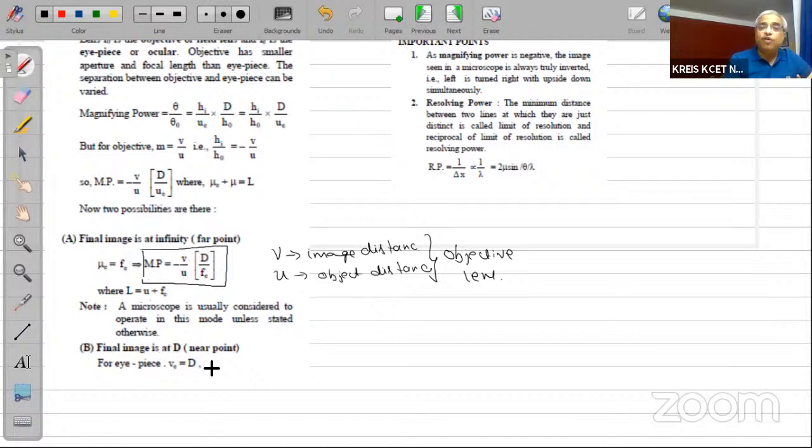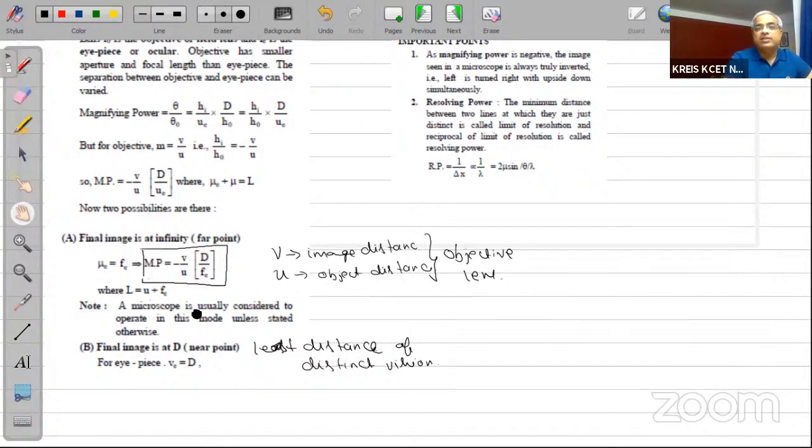If the image is formed at the least distance of distinct vision, avaga magnification enagirutte.